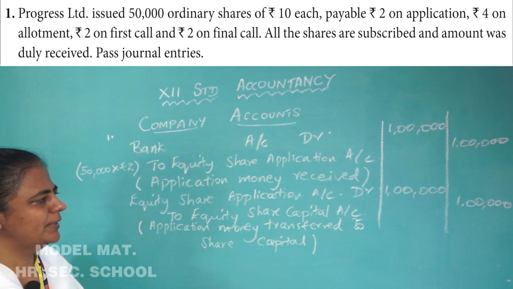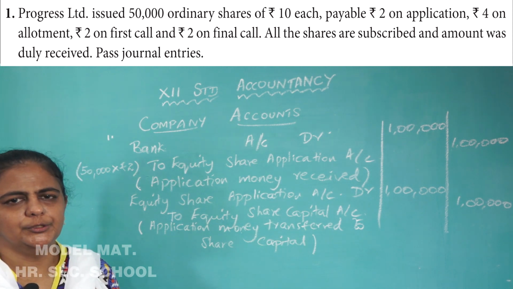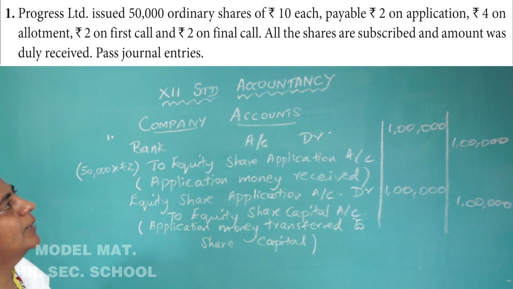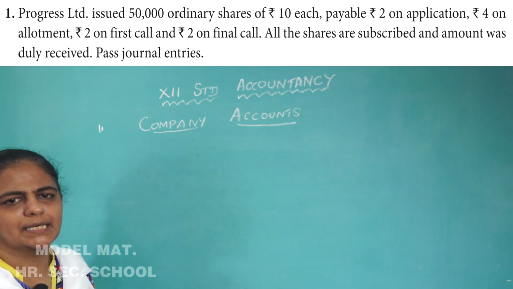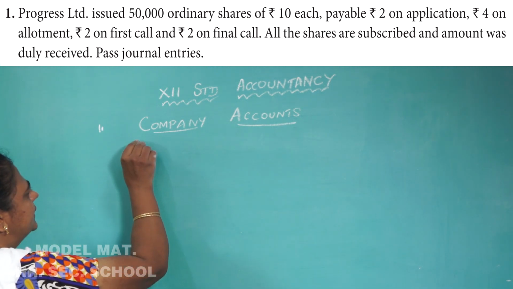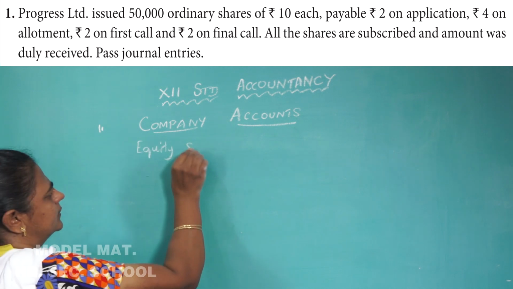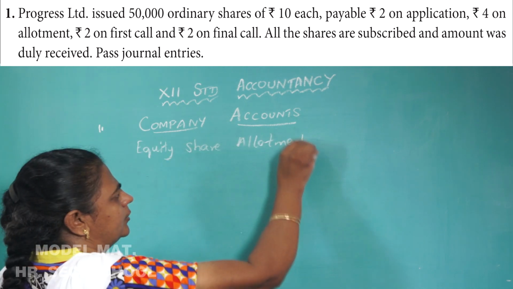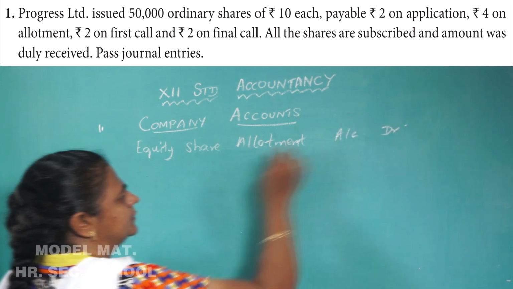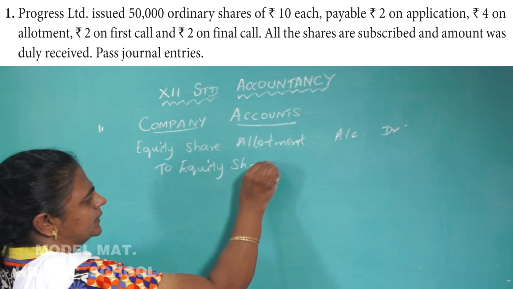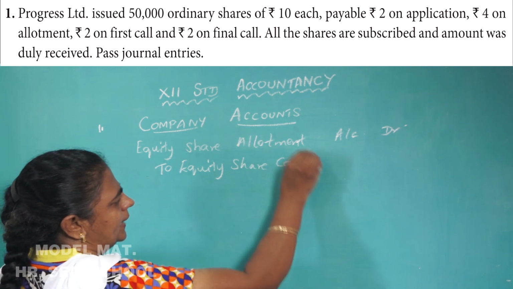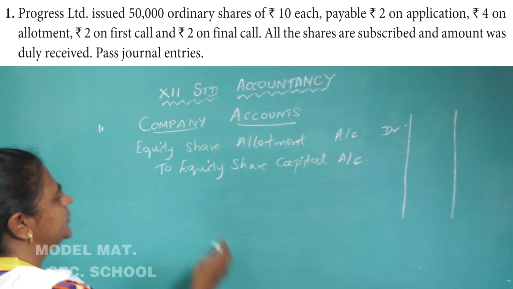Next we will go to the allotment money due entry. See the question. How much money is collected on allotment? Rupees 4 on allotment. So allotment money is due. Next entry: equity share allotment account debit to equity share capital. Allotment money is rupees 4.